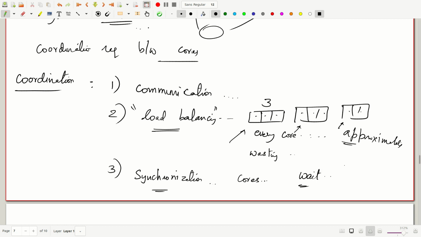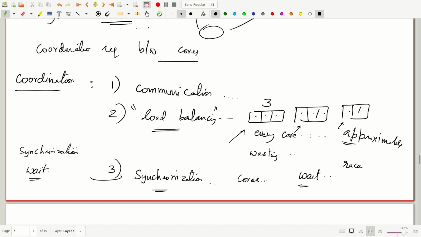They should not race ahead and start calculating with whatever initial zero values or random values they have. Rather, they all should wait until the master core has given them the data. So they have to have some kind of synchronization point where they will wait until the master core has sent them the data. Okay, so that is known as synchronization.